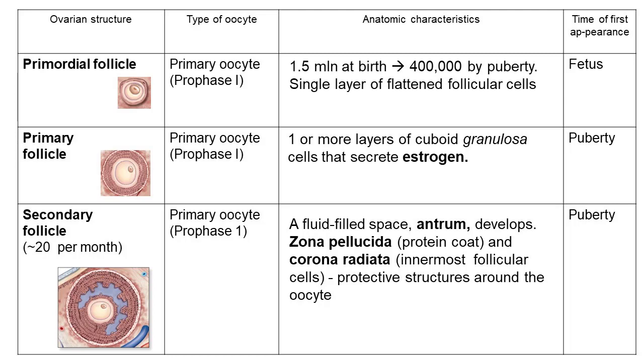And some suspect that these oocytes, eggs, held in that prophase 1 state maybe isn't as stable as your somatic cells being held in a certain state. With increasing maternal age, you see congenital birth defects.